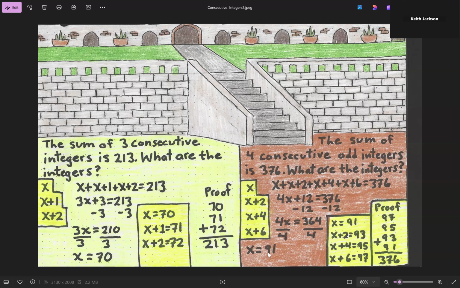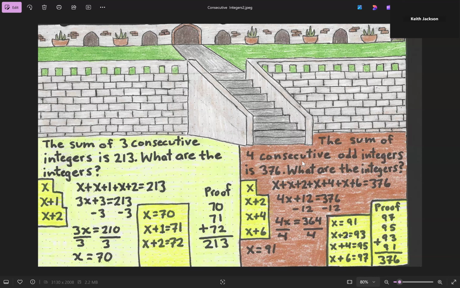So we know that our first integer is 91, which goes to show that if x is equal to 91, then x plus 2 is equal to 93, x plus 4 is equal to 95, and x plus 6 is equal to 97. And as proof, let us add up all these integers, the four consecutive odd integers. When you add them up, they come up to 376.